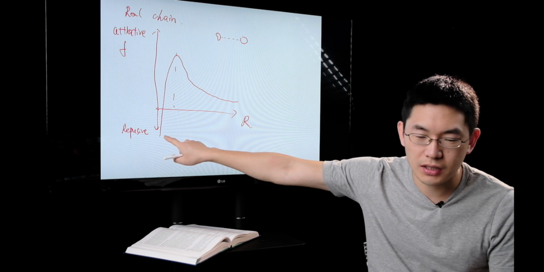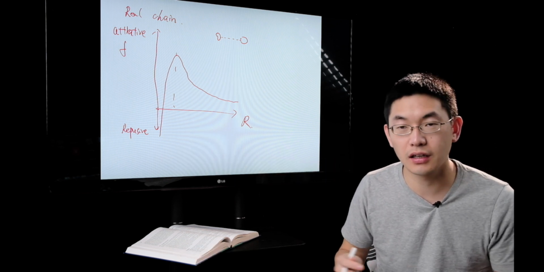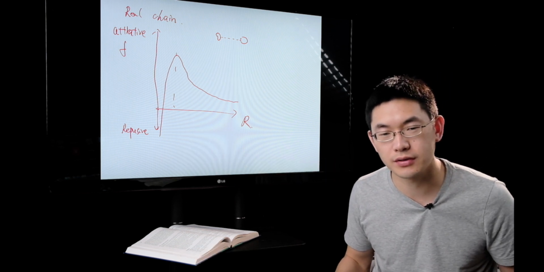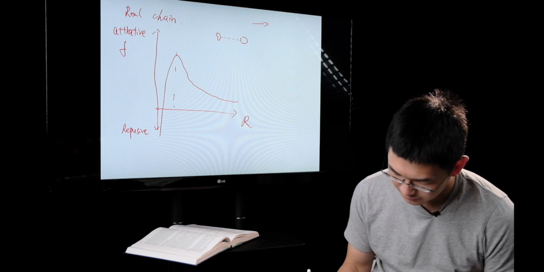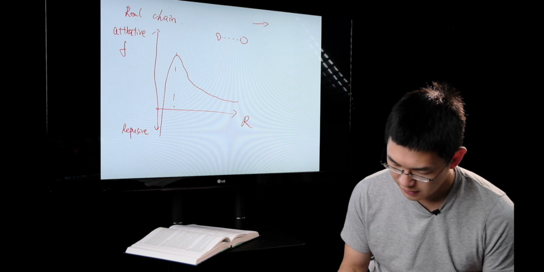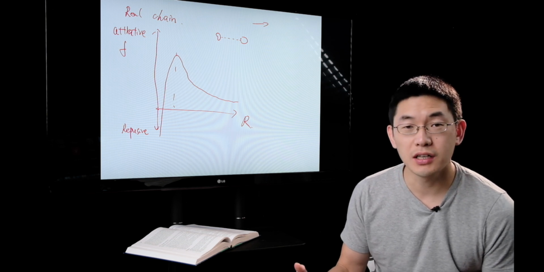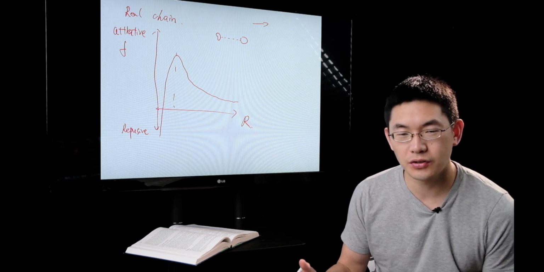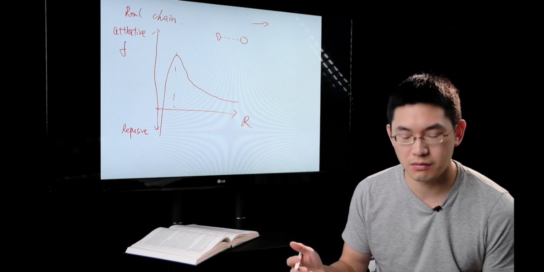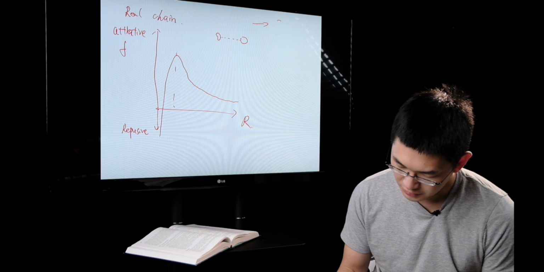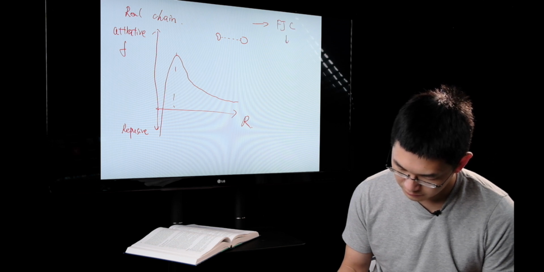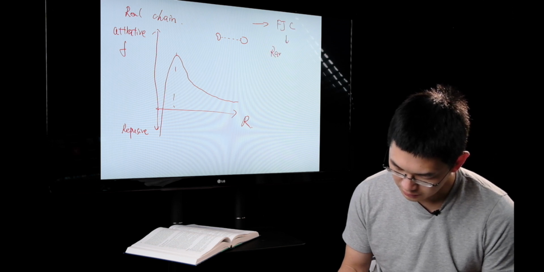Same for the polymer chain. If segments are too close to each other, they're going to have a certain repulsive force. To address this, scientists have found another way using another computer model. Remember what we discussed in the first case, the free joint chain model: we used something called random walk.